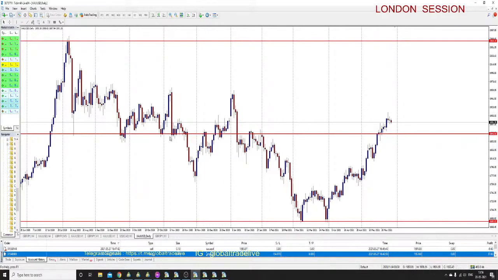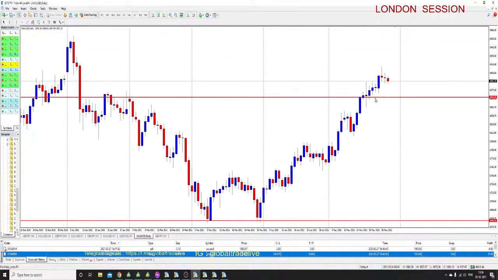So now we have just crossed above this area over here, and now gold is leaving this area behind, right? It was just consolidating at this zone, at this price over here, and now it's just leaving this area behind. So what does this mean? This means that gold is leaving this zone over here and eventually preparing itself to go up.